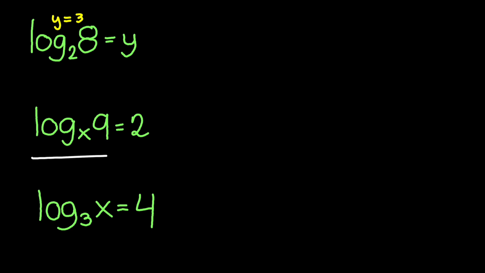Next problem. Log of 9 with base of x equal to 2. So first thing again, we want to convert this into exponential. So this would be x raised to the power of 2 equal to 9. Now let's solve for x. We want to get rid of this exponent of 2. In order to get rid of that, take the square root of both sides.